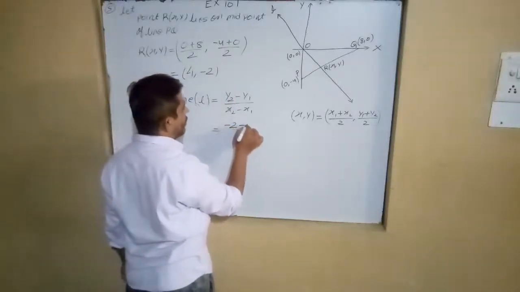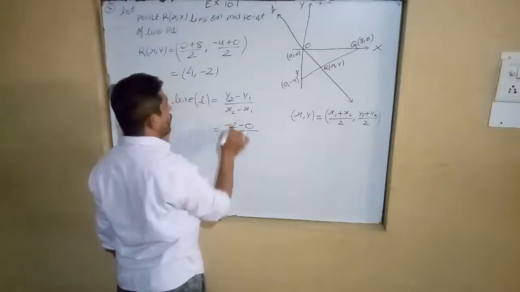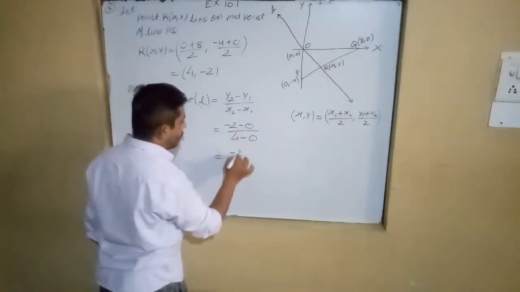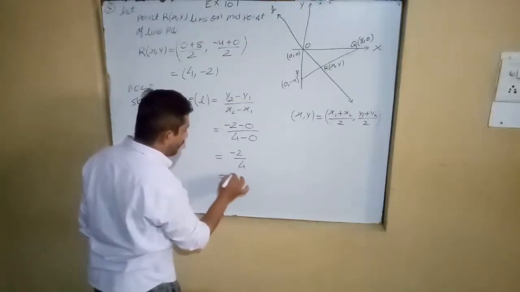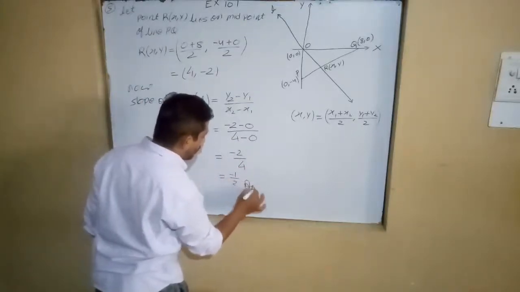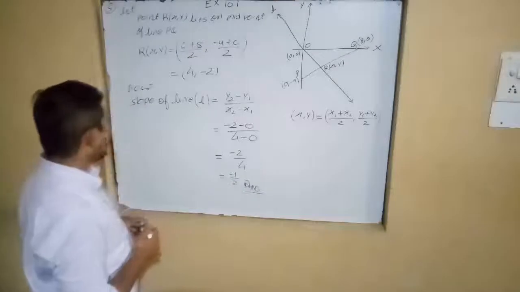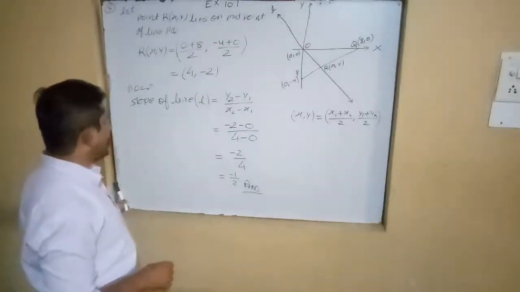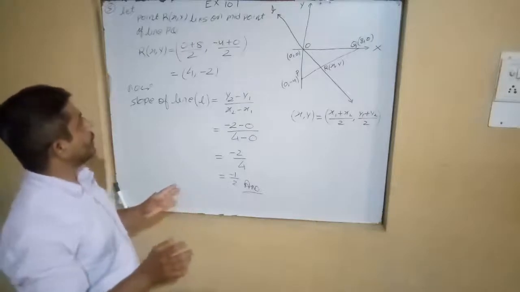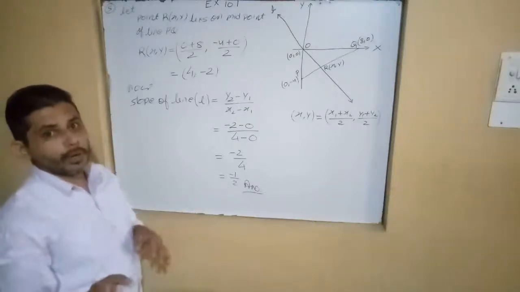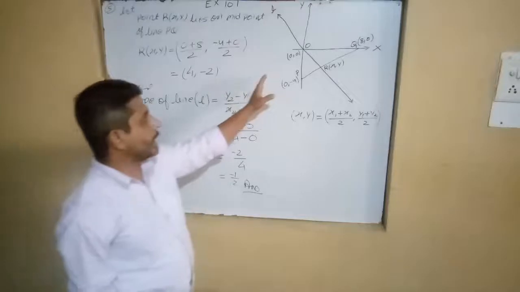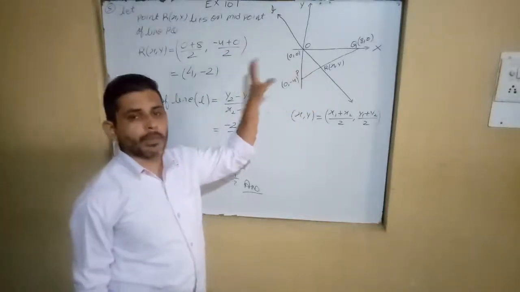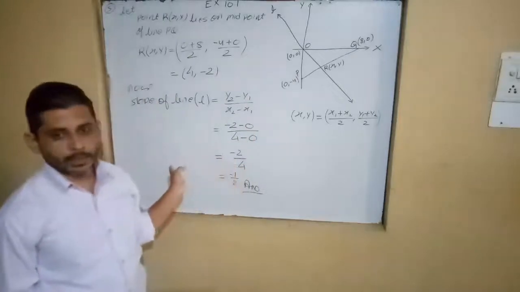So minus 2 minus 0 upon 4 minus 0. So minus 2 upon 4 means minus 1 by 2 is the slope of this required line. So I hope you understood. If you understood the question, what is actually going on, then first we draw the diagram, and when we draw a perfect diagram, we can solve the question very easily. Okay.